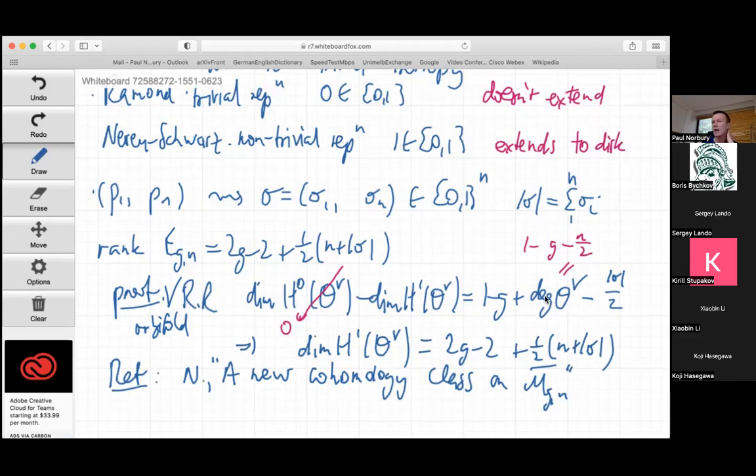One can, I've told you that when you have an orbifold curve, you can just, as you've done for years, I'm sure, forget the orbifold points. So when the local map z goes to z squared, you can just say it's a disk. And so there's this underlying coarse curve. And so then these bundles push forward, or they're sheaves actually. So these sheaves push forward to the coarse curve.